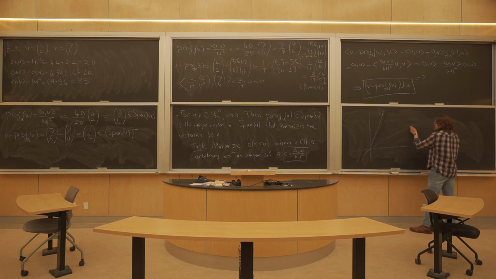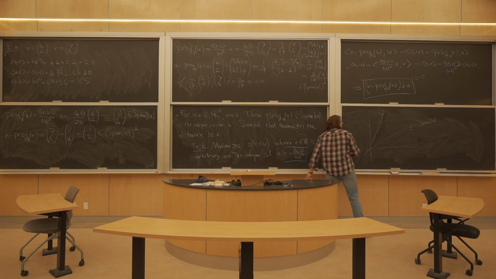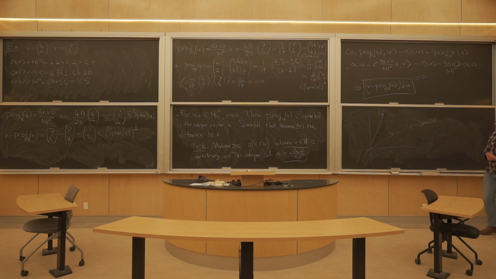Somewhere here is u, and then this line is really the span of u. And what we said is that this orthogonal projection proj sub u of v is this vector. So I draw this right-angled line segment.